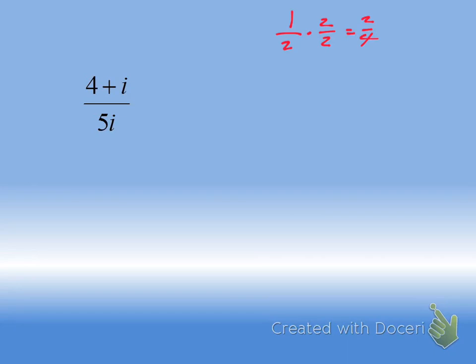Much like how you can do that on this guy also, except instead of doing it by 2 over 2, I'm going to do it by i over i. Times by i over i.